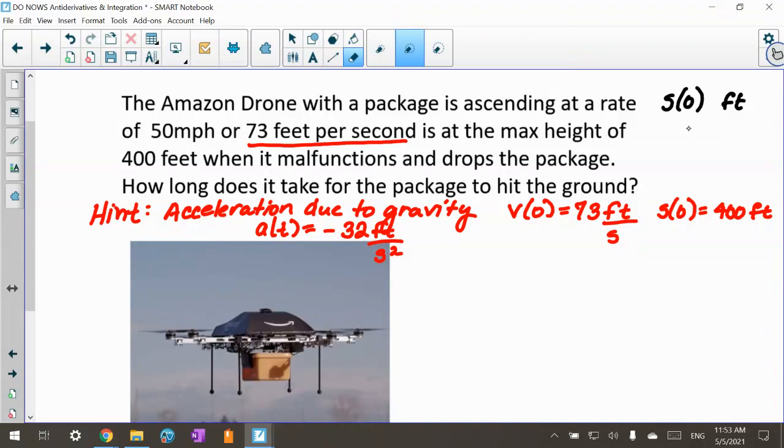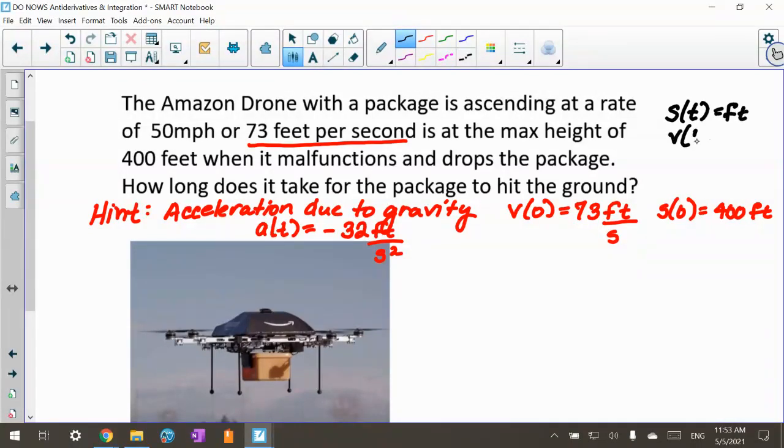We'll do our position function this way: S of t is my position function, in feet. Velocity, which is the first derivative, is in feet per second because it's a rate. And acceleration is in feet per second squared.